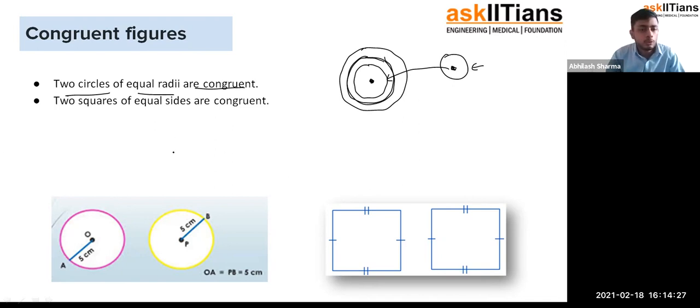Two squares will be congruent if and only if they have equal sides. If they have equal sides, they will be congruent. If they are congruent, they will have equal sides. This is also pretty obvious.